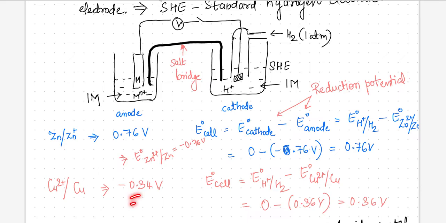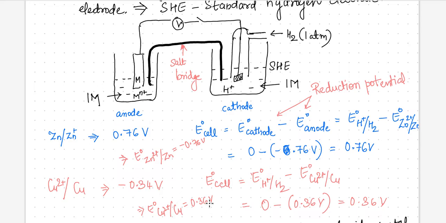In order to get a negative E cell, obviously the reduction potential value is positive. So the standard electrode potential for a copper system, that is copper 2 plus to copper, is basically equal to 0.36 volt.